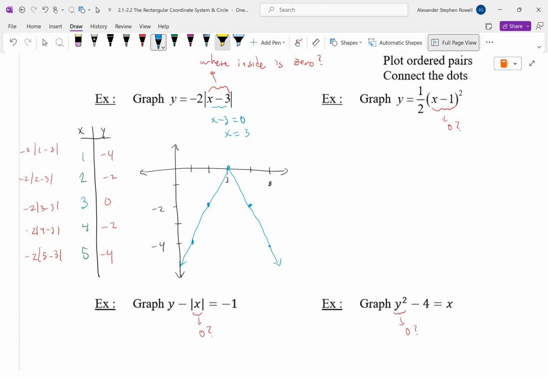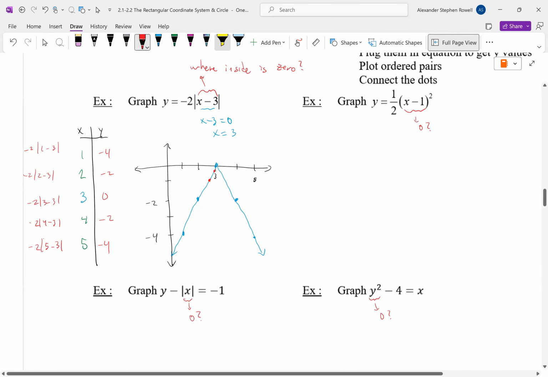Remind me again, why did I graph this? Why do I graph anything? It gives me every possible solution with every x and y value that make the original equation true. Any questions about that? All right, for the sake of time, I'm going to skip these 2 examples.